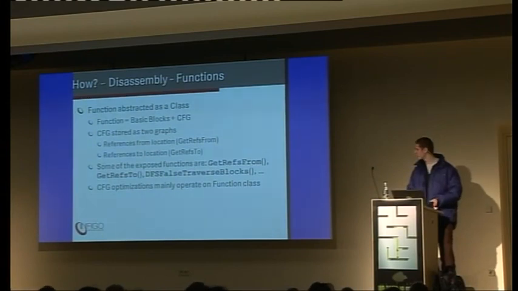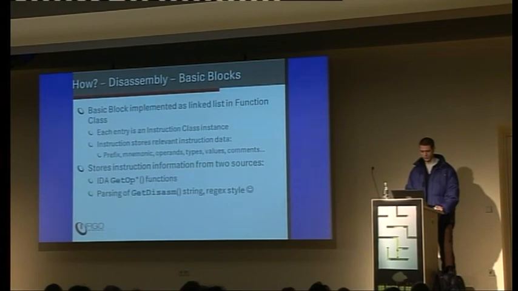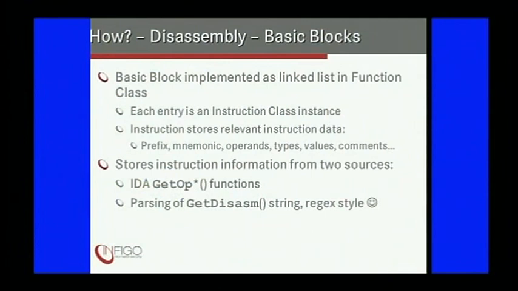And here are some instruction functions that are exported and that you can use to traverse the control flow graph and analyze code. And all the control flow graph optimizations operate on this class. So they modify the control flow graph, and control flow graph information is embedded in the function class. A basic block is implemented as a linked list. Each code instruction is represented as an instruction class that has its prefix, mnemonic, operands, and so on.